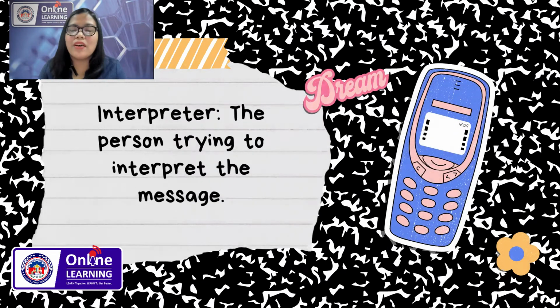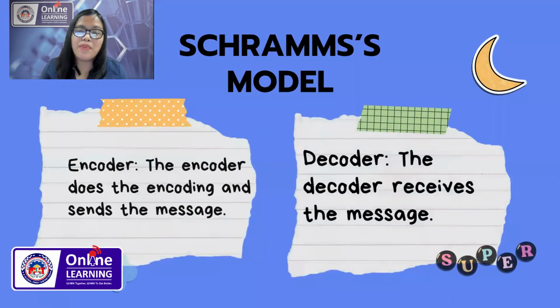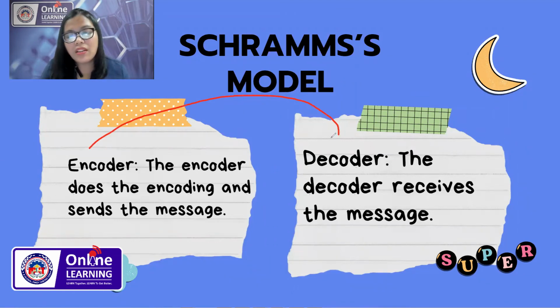The interpreter is the one who is trying to interpret or understand the message. So both the encoder and the decoder are entitled as the interpreter. Why? An encoder is the one who first transmits or gives a message to the decoder.